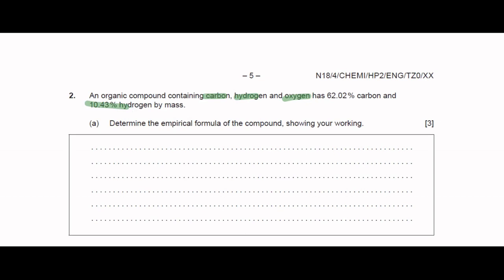In order to get the mass of oxygen, we can assume the total to be 100%.